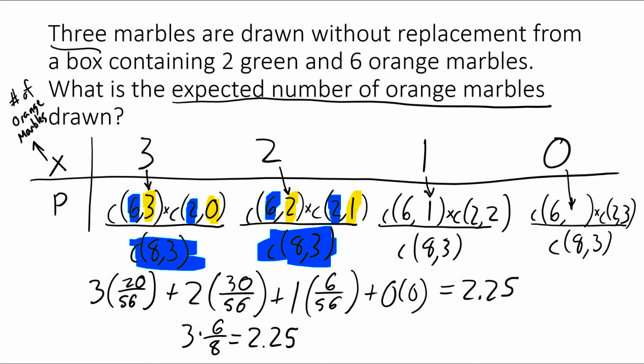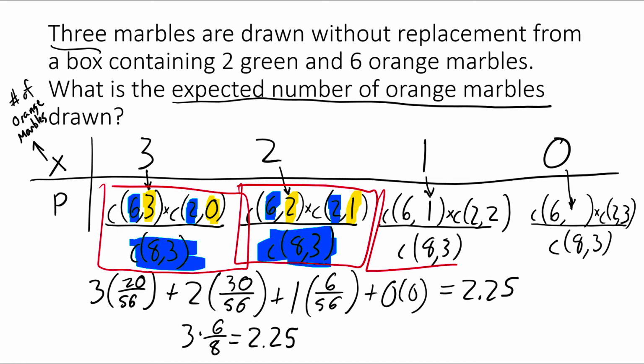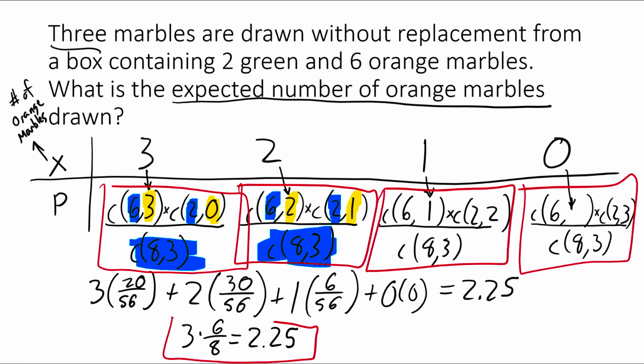So now, why did I go through all of that if there's a shortcut? Well, these problems are good practice for finding lots of probabilities. So when you look at the homework, you'll find that these probabilities are separate questions. And so you're going to have to know how to find each of these probabilities, because this down here, 3 times 6/8, that'll give you the final answer.